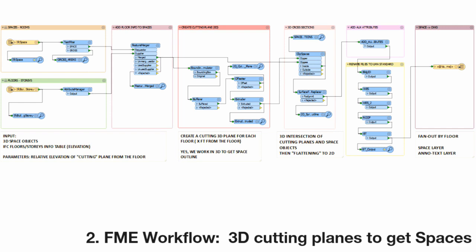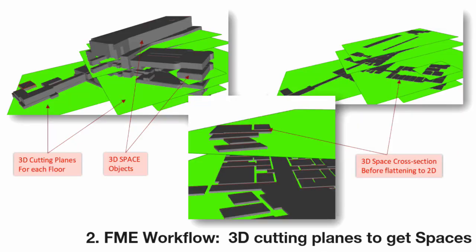So basically, he takes the 3D space objects that we transformed into IFC floors, and then created those cutting planes that were basically 3 feet off the ground, and then sliced through them and put all those resulting polygons into the floors.